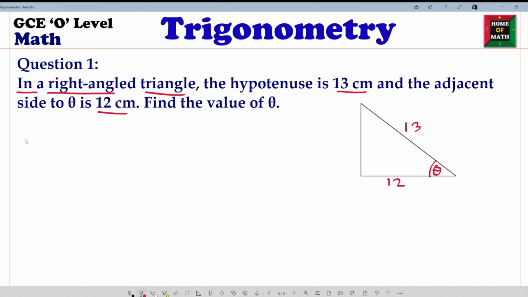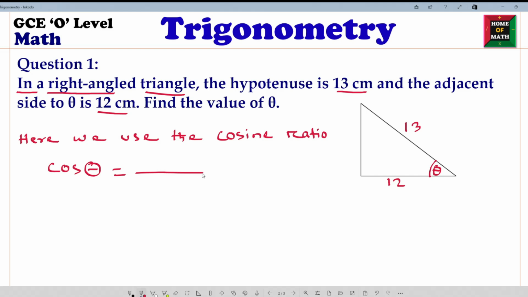So here we use the cosine ratio, which is cosine theta equals adjacent divide by hypotenuse.